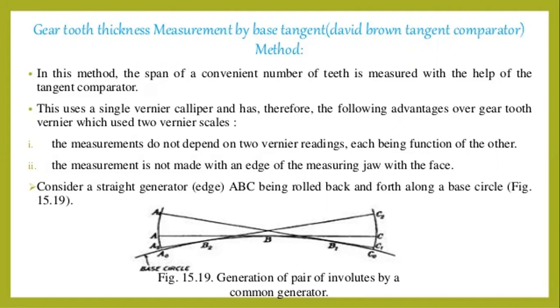So consider a straight generator, that is ABC. This is the straight line ABC, which is fixed on the edge of the gear tooth, ABC being rolled back and forth along a base circle.